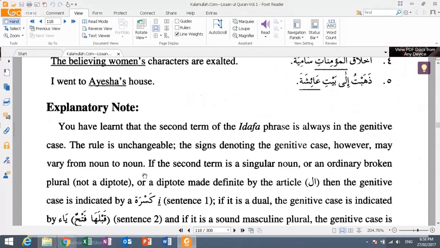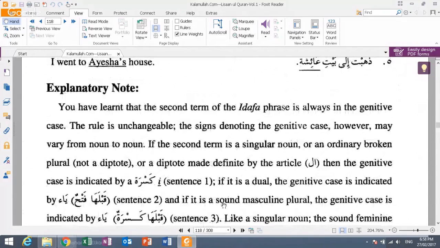If the second term is a singular noun or an ordinary broken plural, not a diptote, or a diptote made definite by the article al, then the genitive case is indicated by a kasra. If it is a dual, the genitive case is indicated by ya. So in jarri case, you have to know ya and nun kasra.